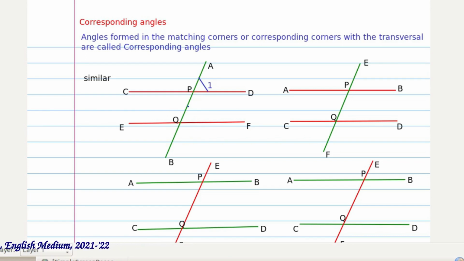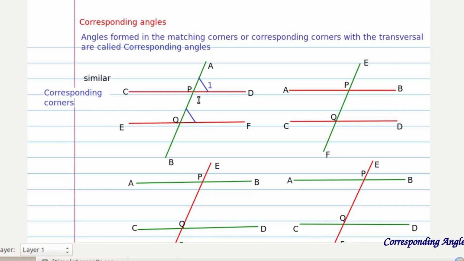It is easy to understand. Here it is. So these two are angles in matching corners, in corresponding corners. Angles in corresponding corners, or similar positions, or matching corners are called corresponding angles.